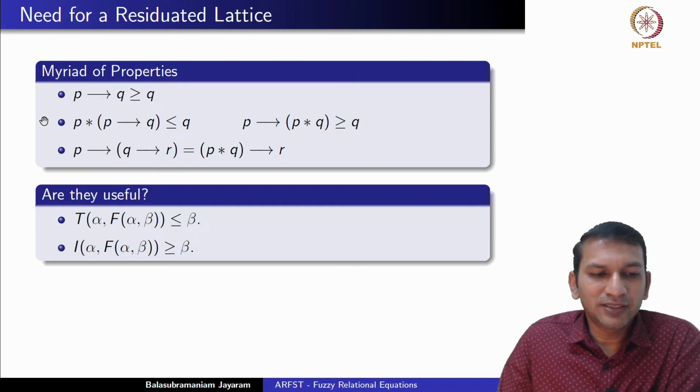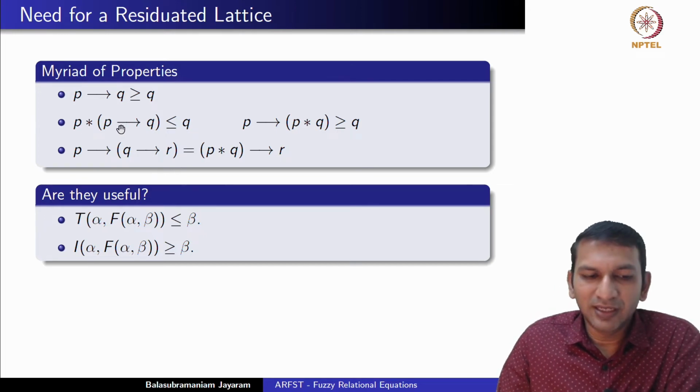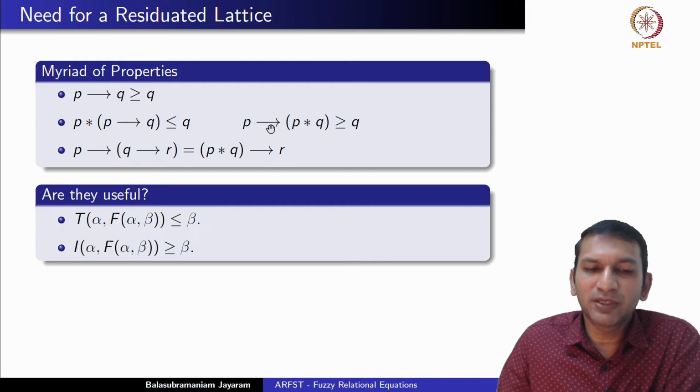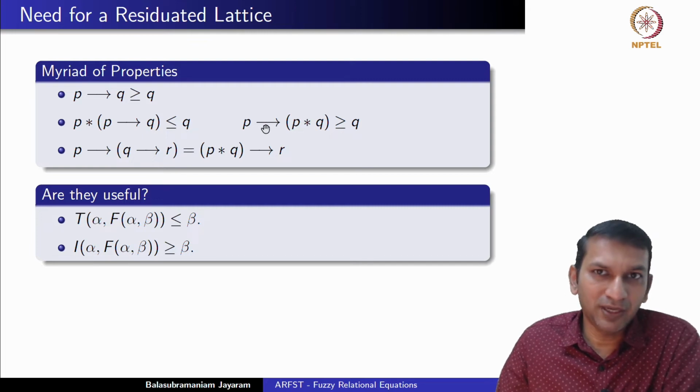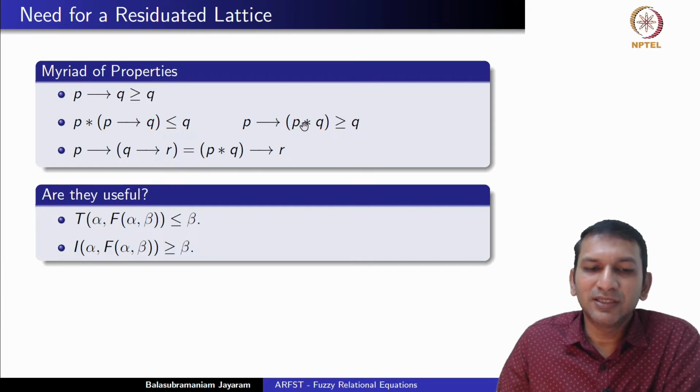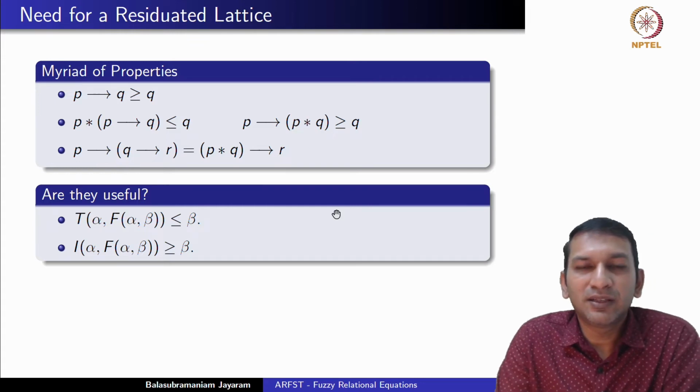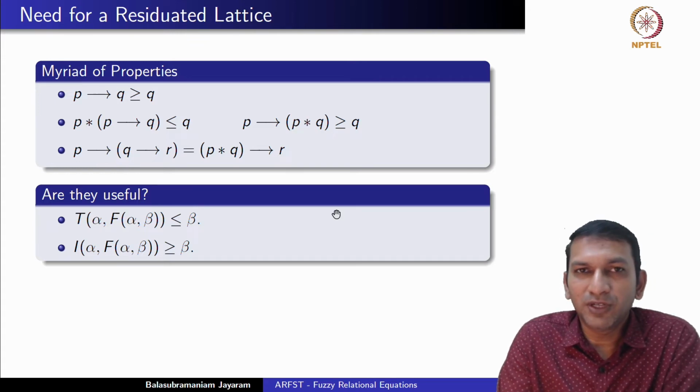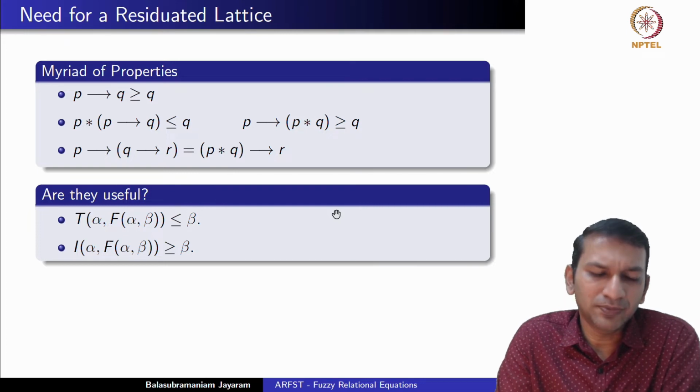So if you consider this as the T-norm, then this arrow is the corresponding residuated operator, the implication, and star could be the operation from which you had obtained the arrow.